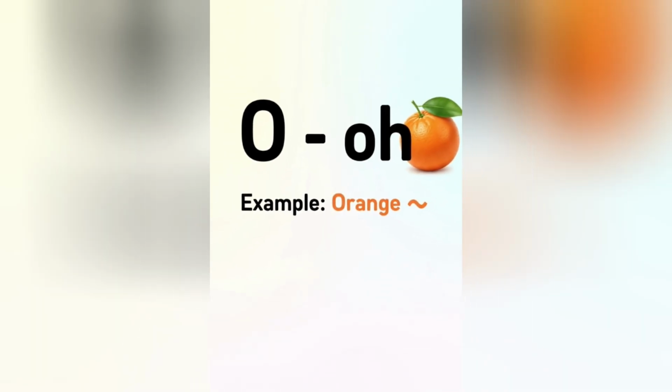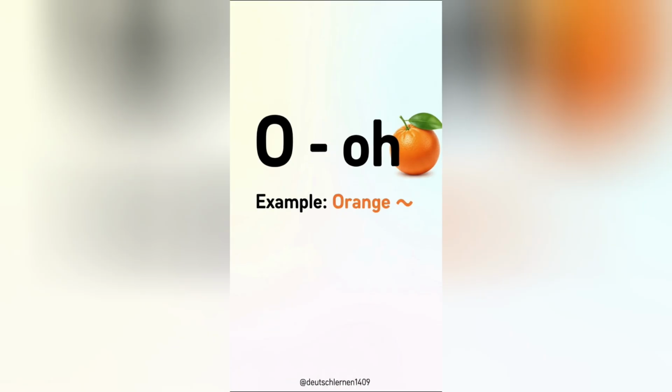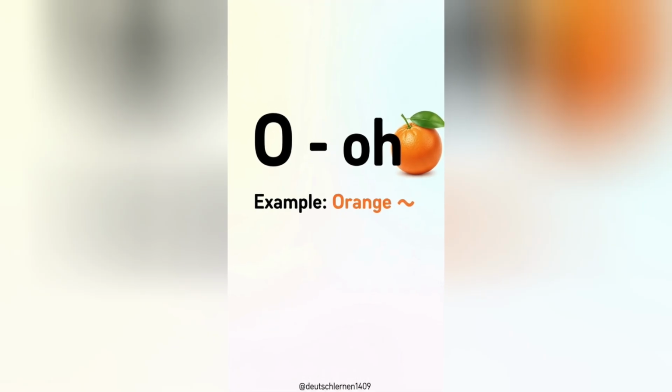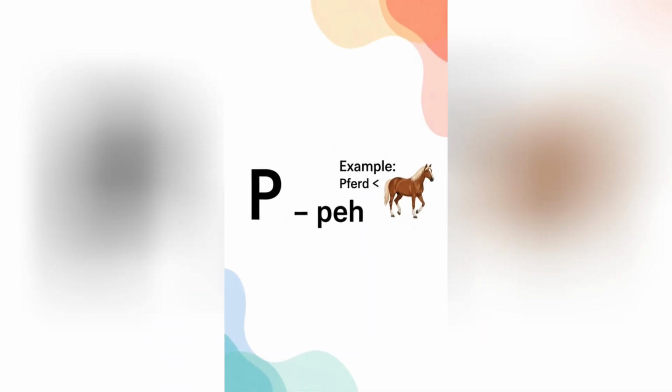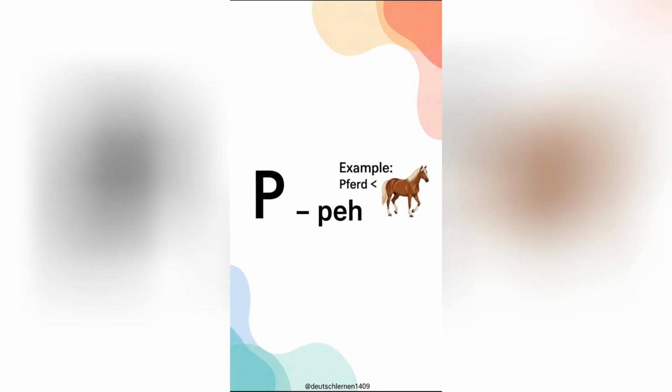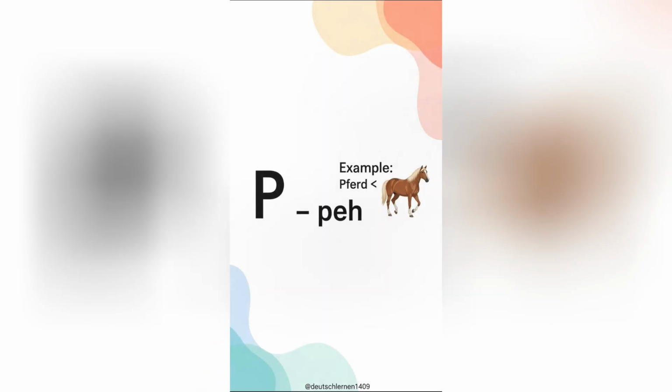In German, O is pronounced as O, as a short O. For example, Orange, that means orange. Remember, it is pronounced as a short O. The letter P is pronounced as P. For example, Pferd, that means horse.